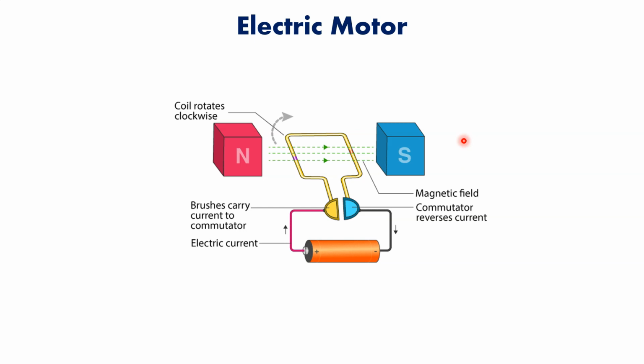This diagram pretty much explains everything. We have a rectangular coil over here. Keep in mind that the coil or the conductor could be in any shape, but for the sake of simplicity and understanding, we're using a rectangular coil. This coil is connected to a battery, so we have a complete electric circuit, and it's placed inside the magnetic field of a north and south pole of bar magnets, suppose.